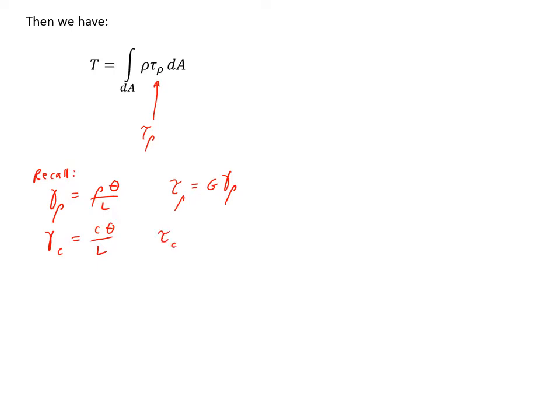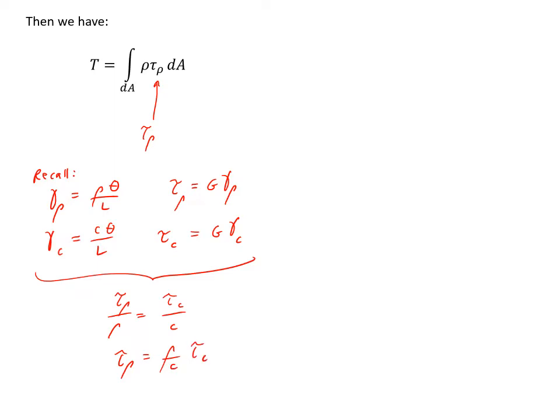The shear stress at the outer surface is tau C, the shear modulus times the shear strain at the outer radius C. All right, and if we put these relationships together, we can write that tau rho over rho is equal to tau C over C. And basically then we can say that tau rho is just going to be rho over C times tau C.